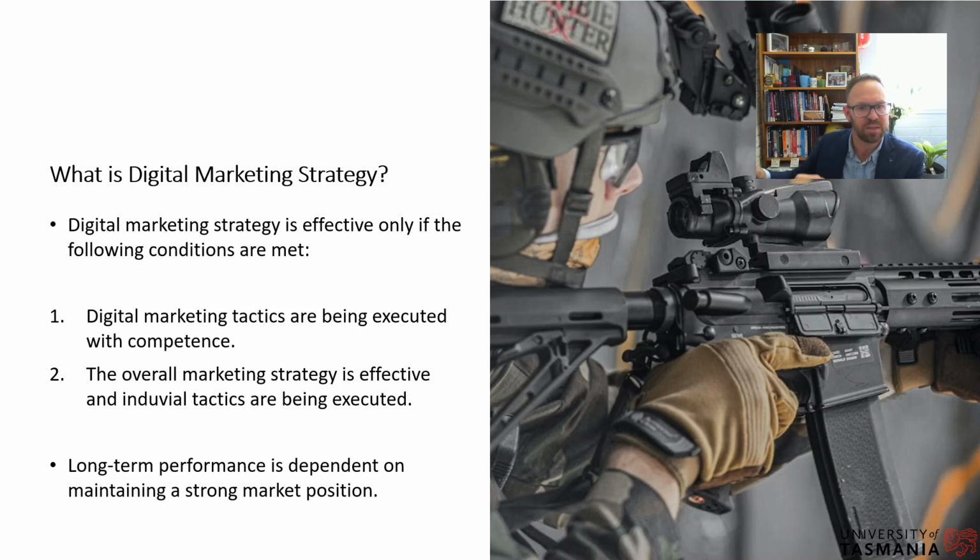So if they're not following the strategy, then the strategy's not going to be effective, and it needs to align with the overall organisational strategy. Because if your organisation is trying to position itself in the market to a younger demographic, like younger target markets, but then you're pursuing digital marketing tactics in the platforms where there's older people and more mature markets, then there's misalignment there as well.